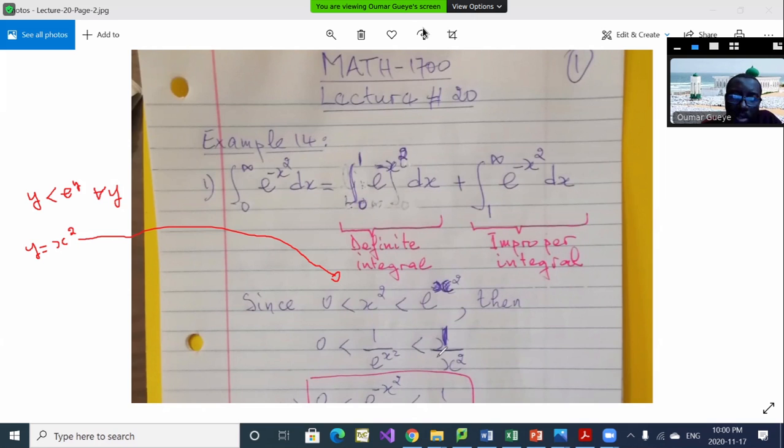Okay. Now I'm going to take the inverse: 1 over x squared is going to be greater than 1 over e to the power x squared, which is greater than 0, because of this inequality. You guys can see, anytime you have an inequality, when you switch by taking the inverse, the inequality changes direction. So for example, let's say you have 2, which is less than 3.